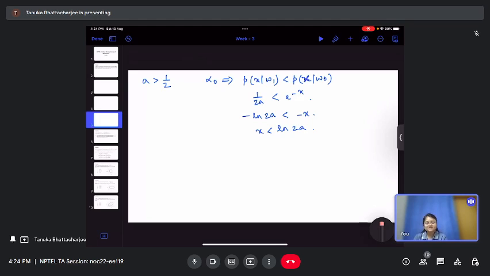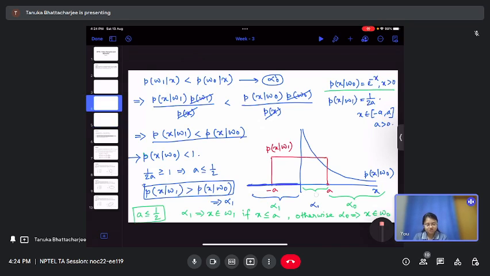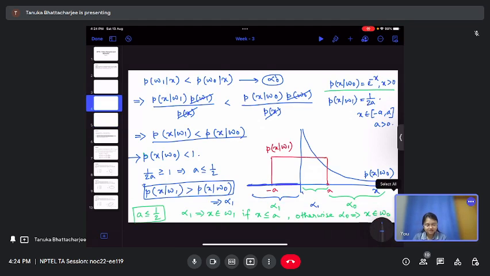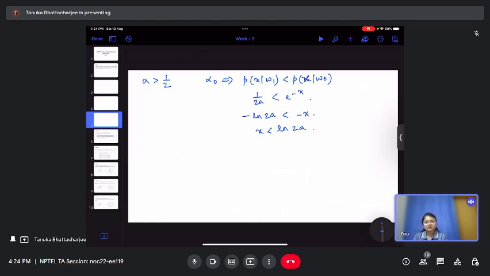If it is greater than or equal to ln of 2a, then you will take the action alpha 1. But this is for the portion 0 to a, this region only. So even if your x value is greater than ln of 2a, it should be less than a, then only this decision rule holds.